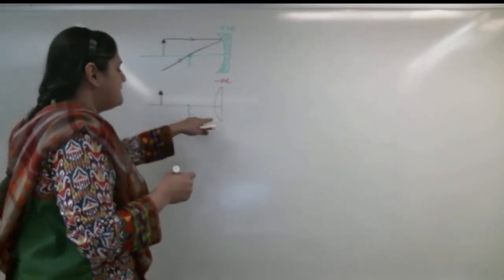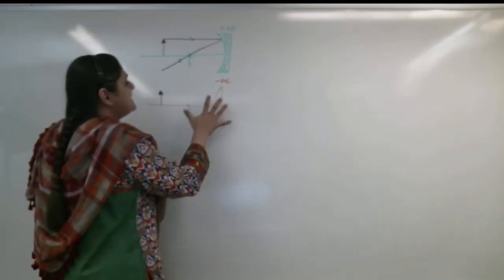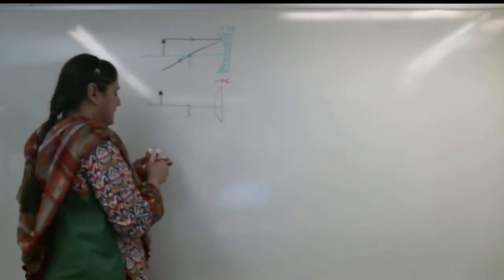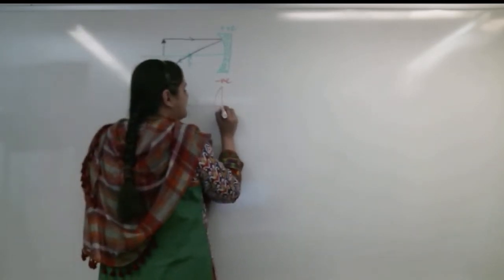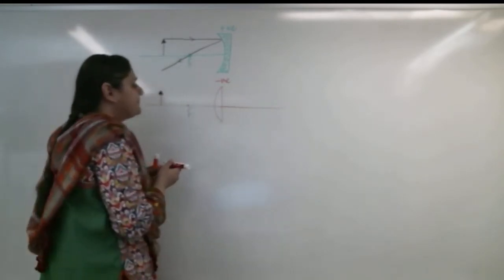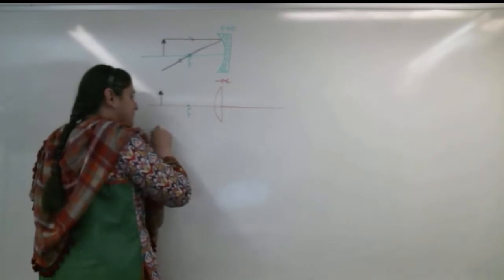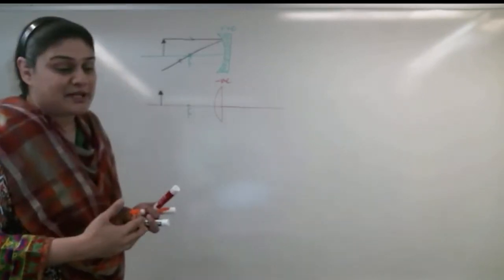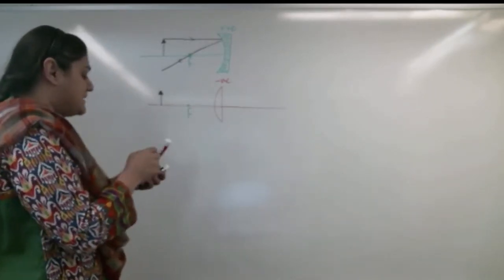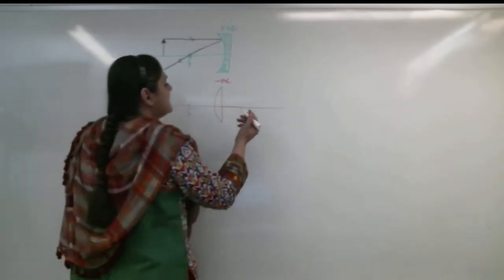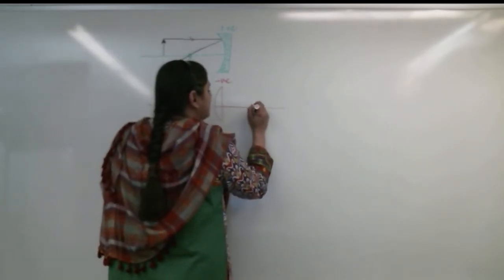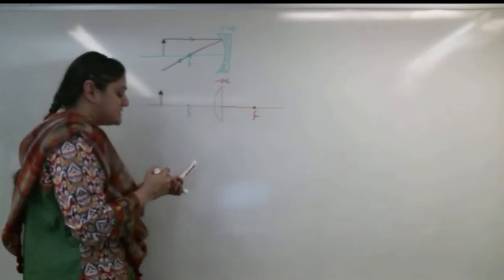Same thing here. However, this is a diverging scenario. So in this case, I have to extend this further because the ray, once it hits it, is not going to go through here. What is this ray actually going to do? This ray is going to use the focal point behind the mirror. Do you see the difference?